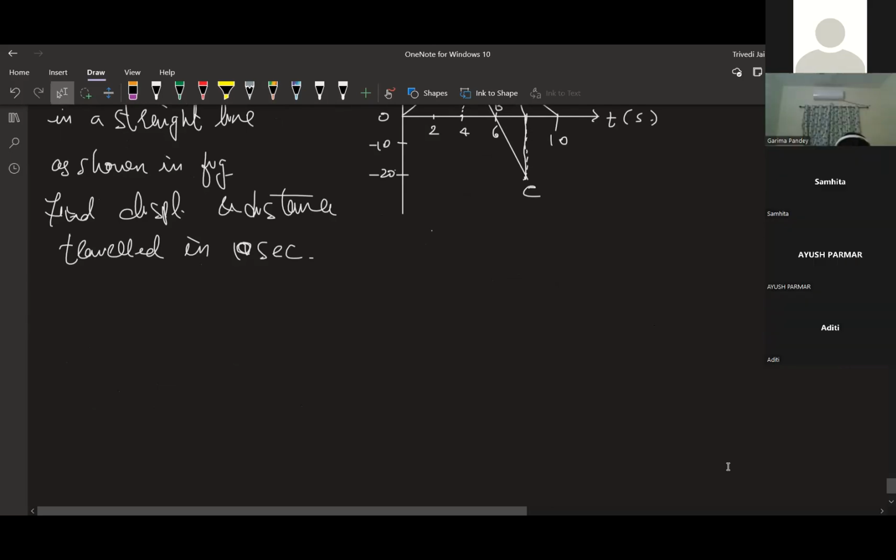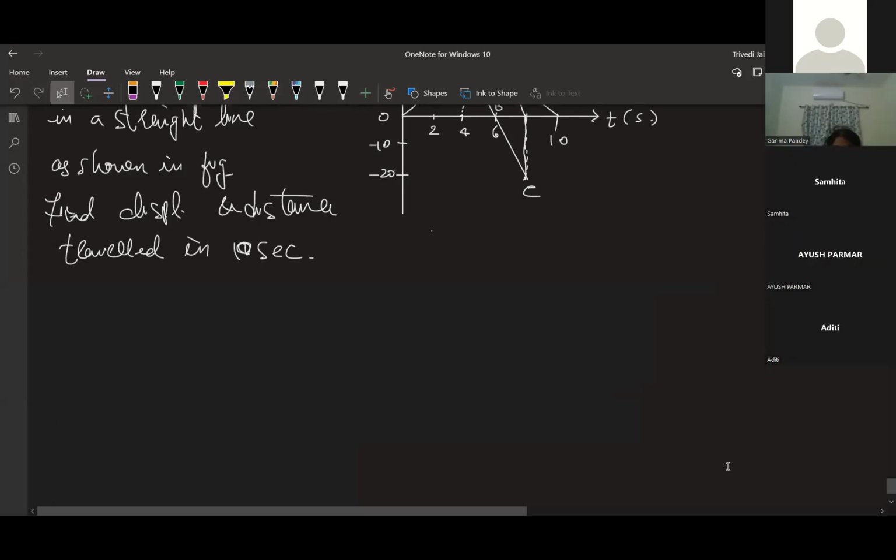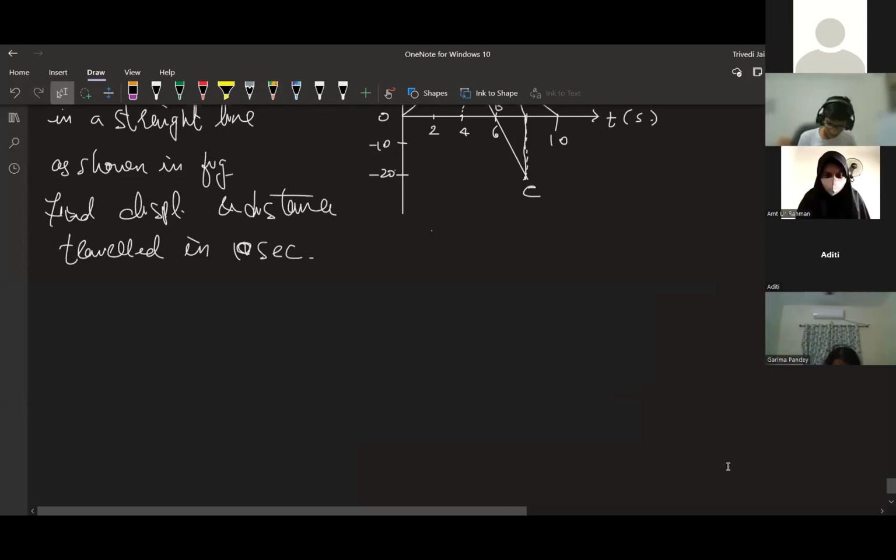Aditi, you're going somewhere. What are you doing? Sometimes you're getting a very high value, sometimes a very low value. Aditi, are you there? Yeah, sir.